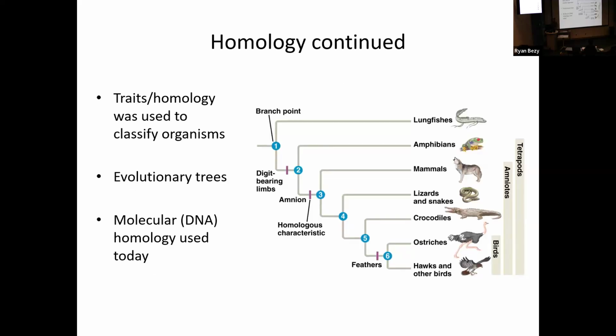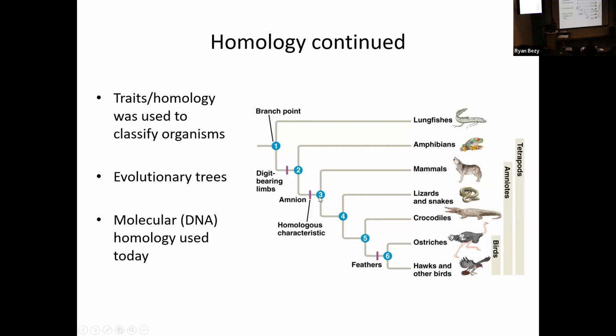Traits and homology can be used to classify organisms. So this is an evolutionary tree. We're going to be going through evolutionary trees and taxonomic trees later in the semester. But sometimes we can use molecular DNA homology, and homology of traits, to put things together, like the development of the amnion during embryonic development. This is an amniotic sac.